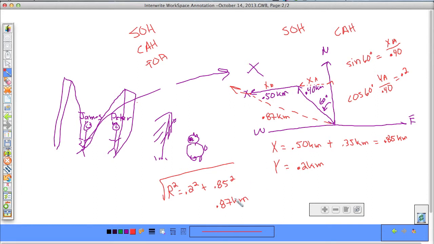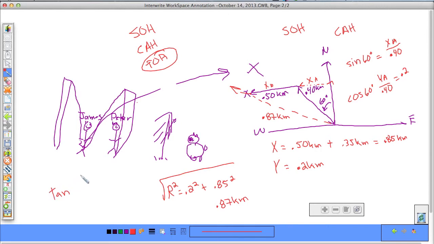So we have 0.87 kilometers, and what is this angle right here? Well, to figure out the angle, if you have information like this, it's a pretty simple formula. You could take the inverse tangent, and essentially all you're using is this trig function here.